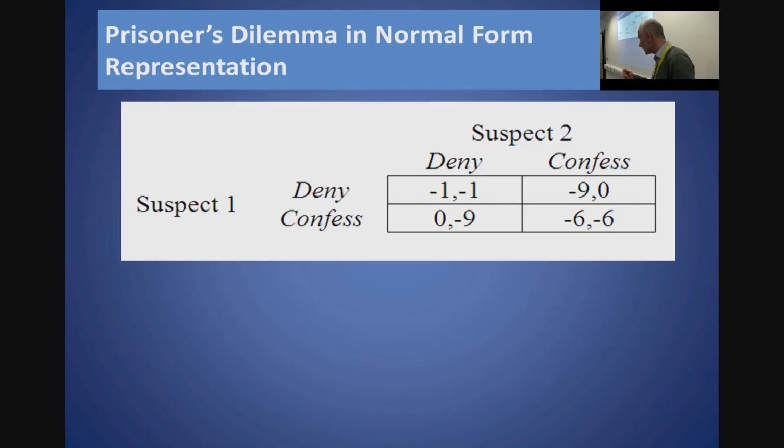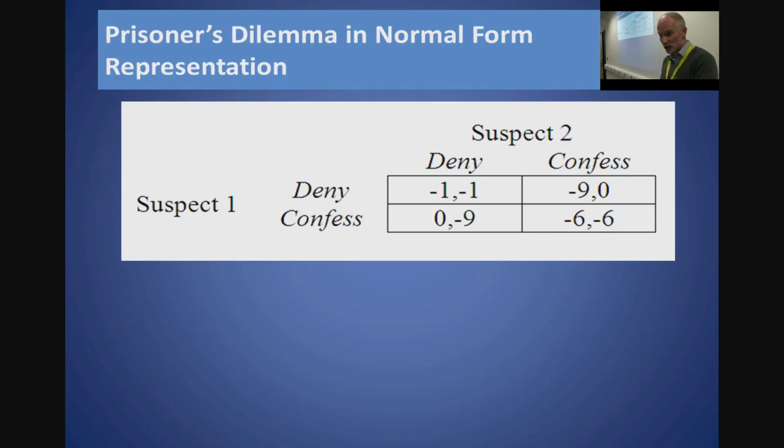The person who denies gets 9 months. So the way that I put these times in prison is a 0 first, and then the 9 months second. This means that suspect 1 gets 0 months in prison, and suspect 2 gets 9 months.